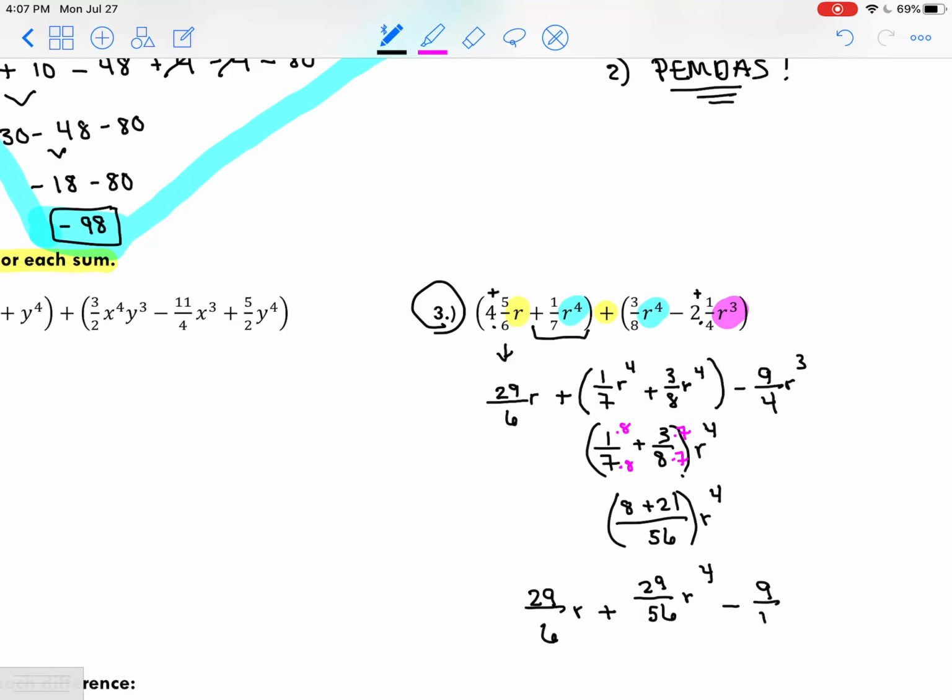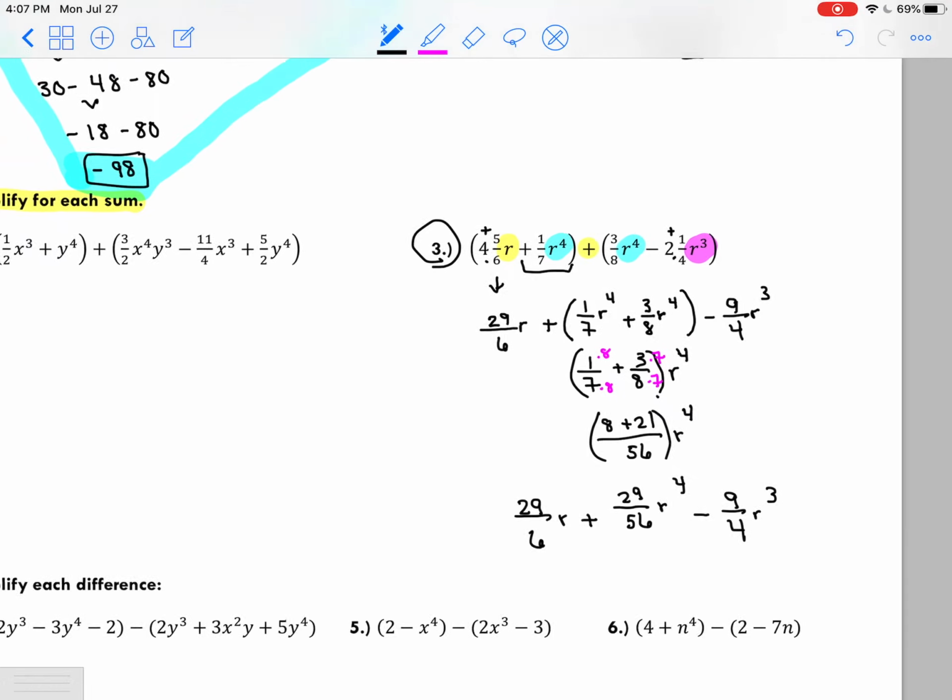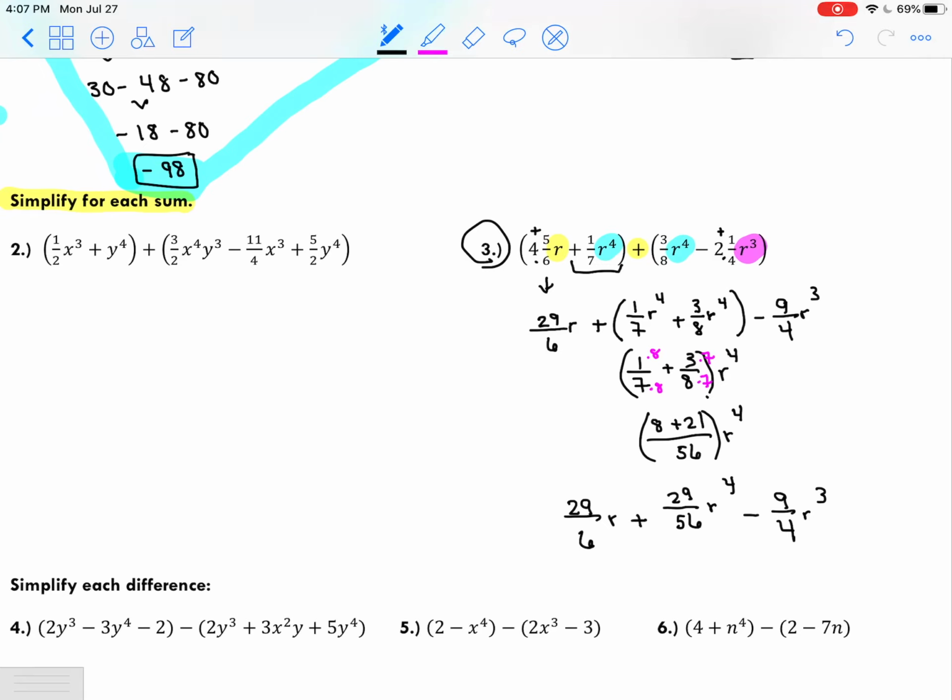and subtract 9/4 r to the third. But we don't really want to leave it exactly like this because we know that in algebra, we always write our terms in descending order of the exponents. So we're going to want to rewrite this so that we have everything in the correct order.